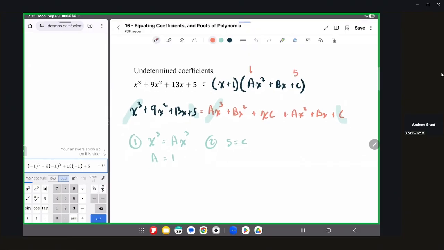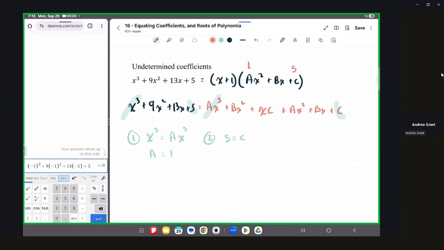So for the b term, we can get that from analyzing either the x squared terms or the x terms. Either will not matter. So let's choose, say, the 9x squared term.